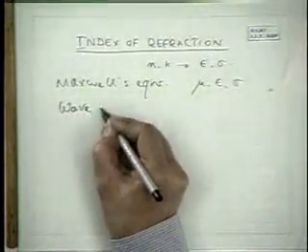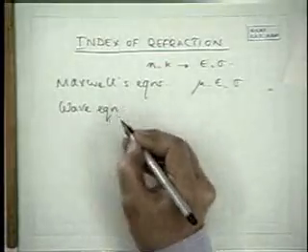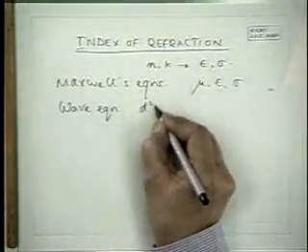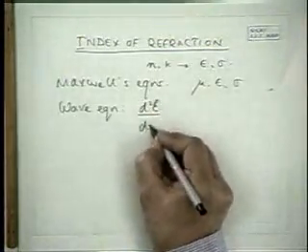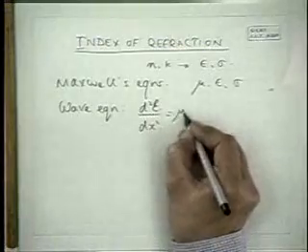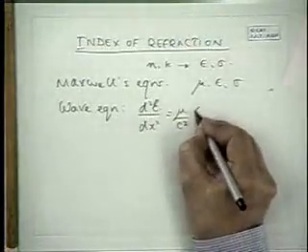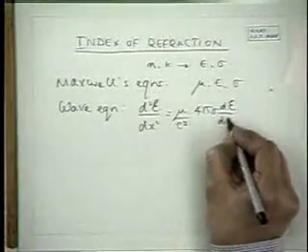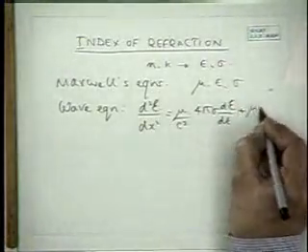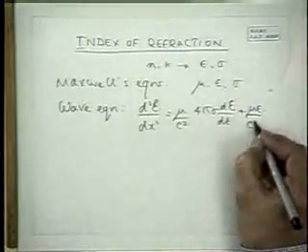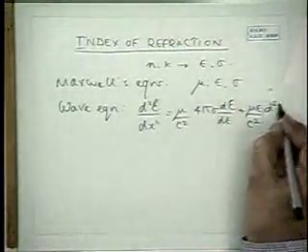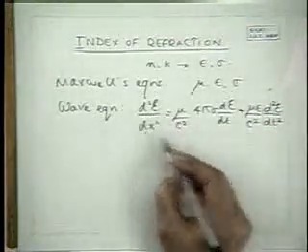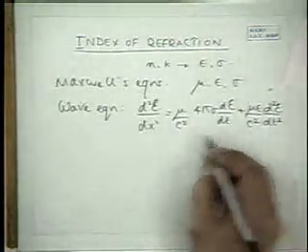From this we can derive a wave equation using the four Maxwell's equations. d2E/dx squared is mu by c squared 4 pi sigma dE/dt plus mu epsilon over c squared d2E/dt squared. So it's a relation between spatial variation and the temporal variation.